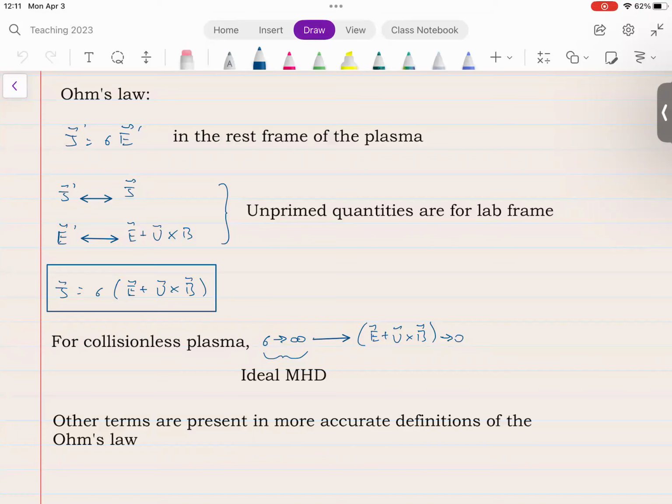But the Ohm's law is quite a bit more complicated.